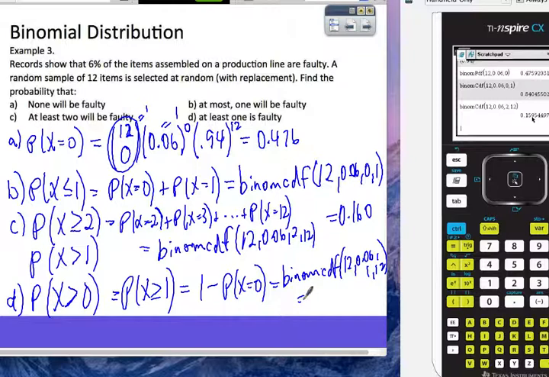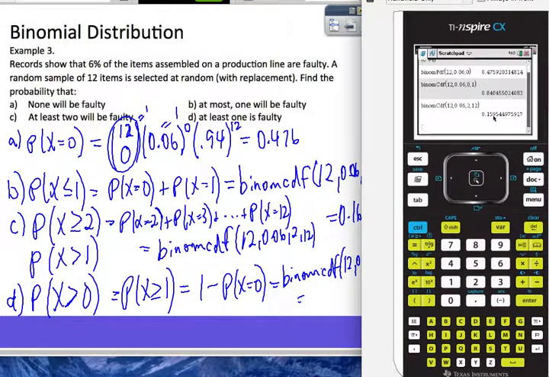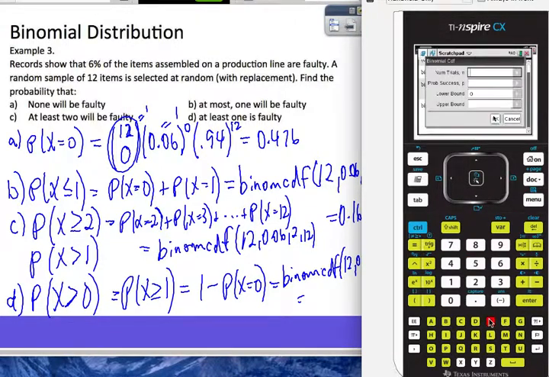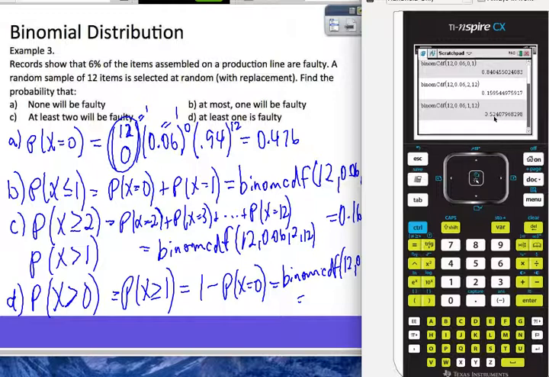So that answer, again, you just go menu, option 5, option E, all right, 12 trials, probability of success on each trial 0.06. The lower bound in this case, we want to start adding at 1, and we want to stop adding when we get to 12. And it's 0.524. All right. So that question covers a lot of different options.